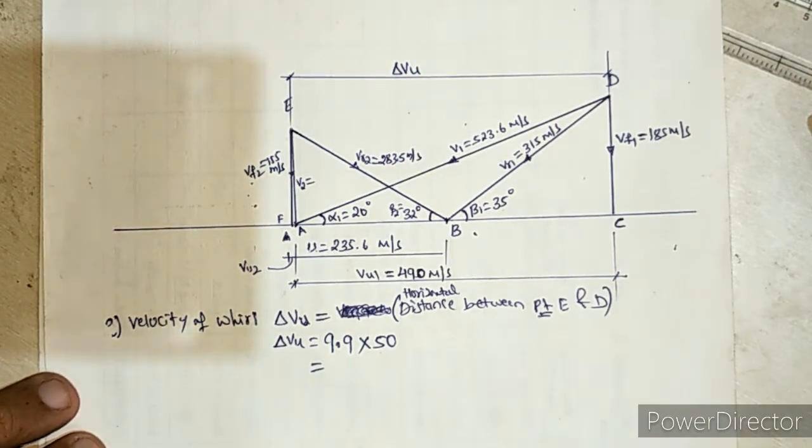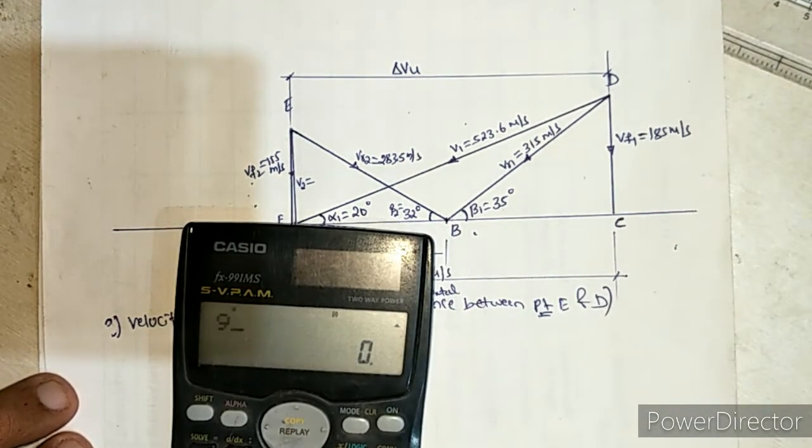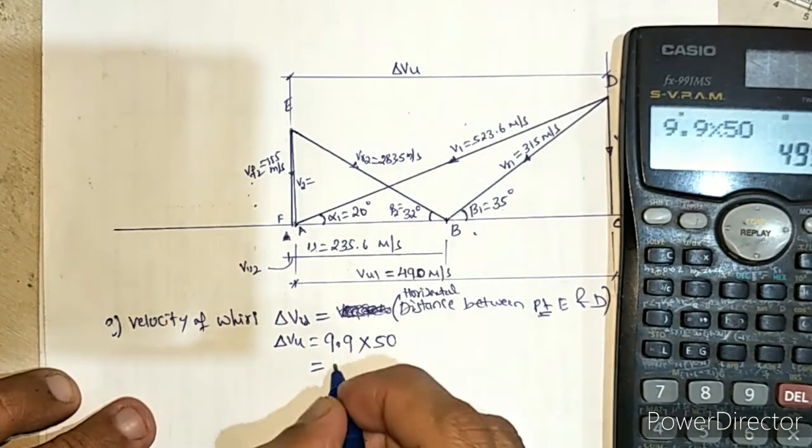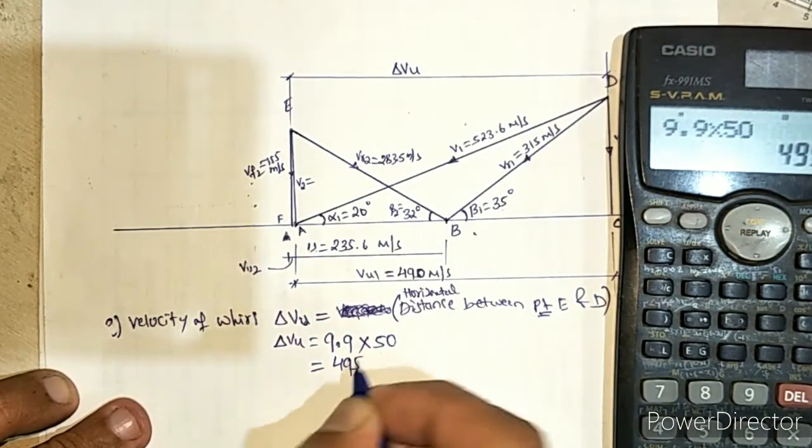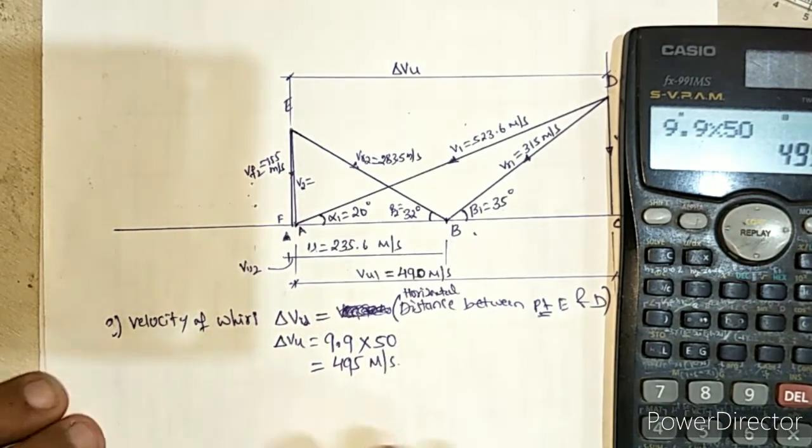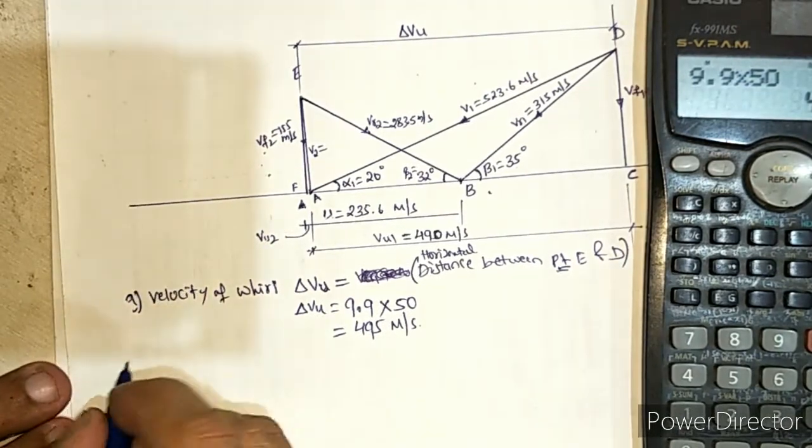So 9.9 into 50 is 495 meters per second. So this is A bit, which we have calculated.